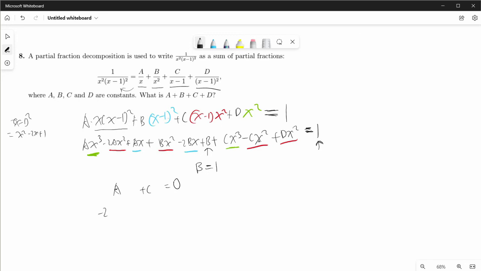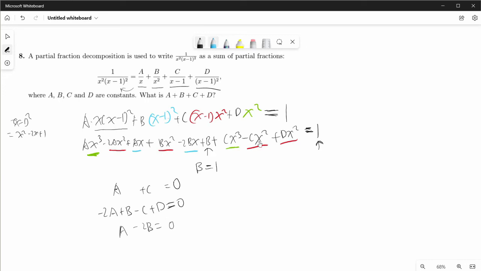So we have negative 2A plus B plus C, minus C plus D equal to 0. That's all the square terms, since there's no square term in the original fraction. And lastly, we have the blue ones, the x's, A minus 2B equal to 0.